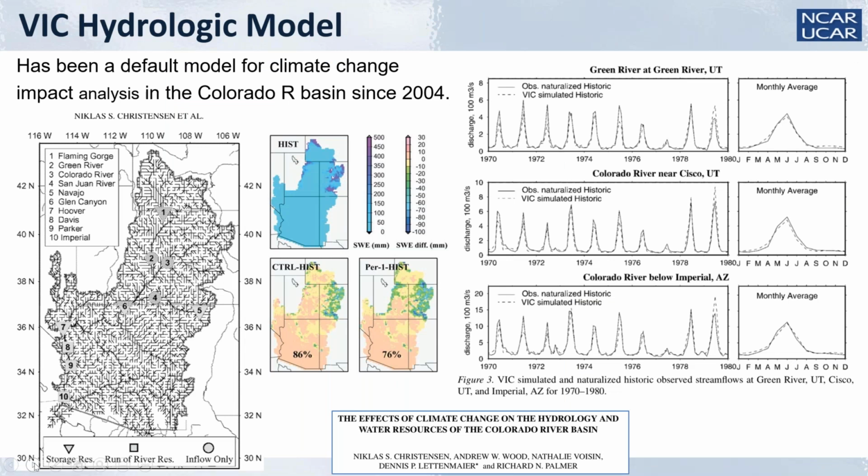Another model that's been used really extensively in the basin is the VIC hydrology model, the Variable Infiltration Capacity model, developed at University of Washington and Princeton. It's been used extensively in part for climate change, and these are examples from a study I did downscaling climate model data for impact analysis in the Colorado Basin back in the early 2000s.